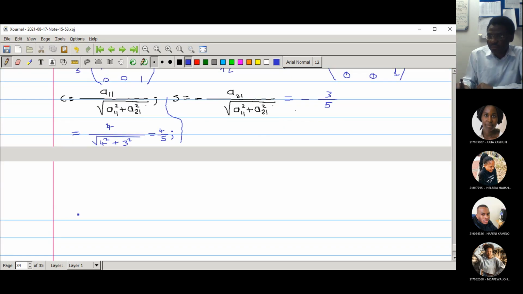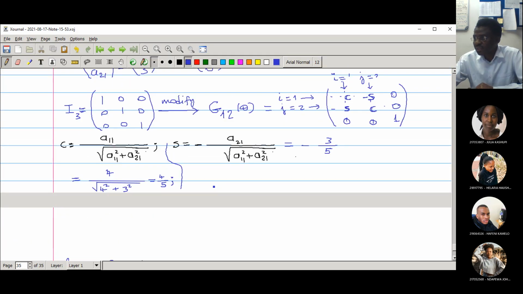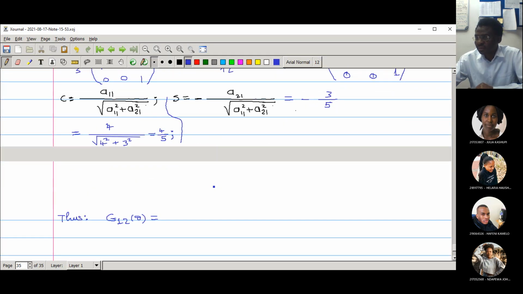So thus G12 of theta is equal to, okay, now we substitute those values. C along the diagonal, so C is 4 by 5, 4 by 5, and here you have 1, the identity.